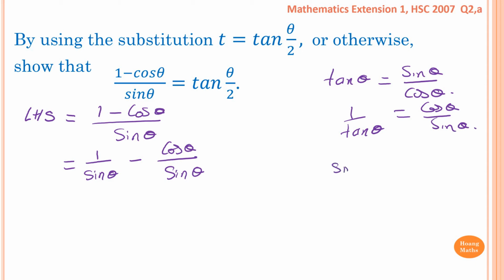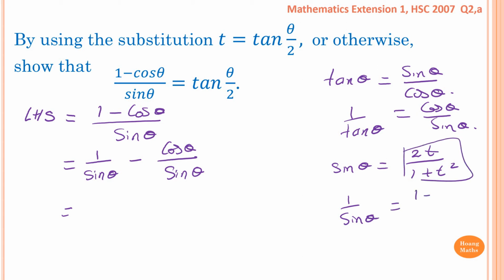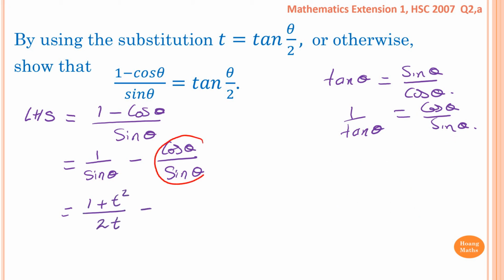We know that sine of theta is equal to 2t over 1 plus t squared. So 1 over sine of theta is equal to, we just flip these fractions of course, 1 plus t squared over 2t. So I just write this down: 1 plus t squared over 2t. Now do not forget this is 1 over tan of theta.